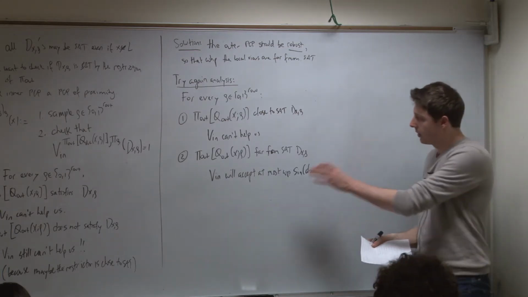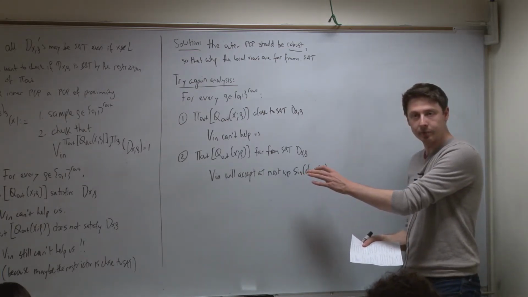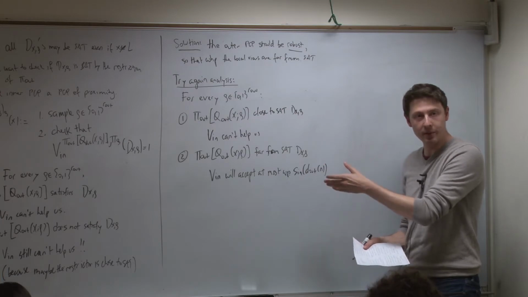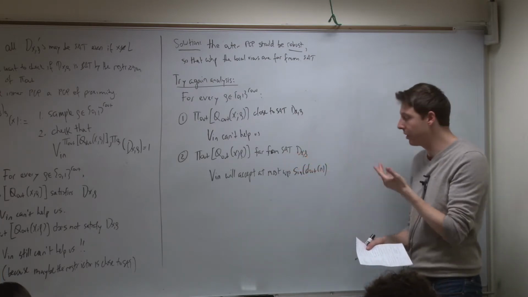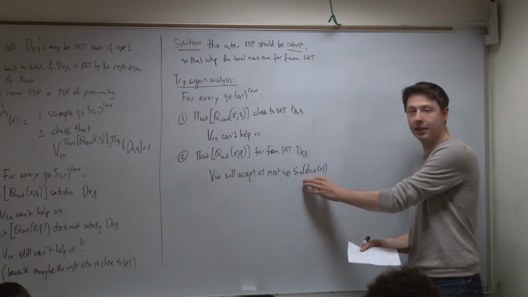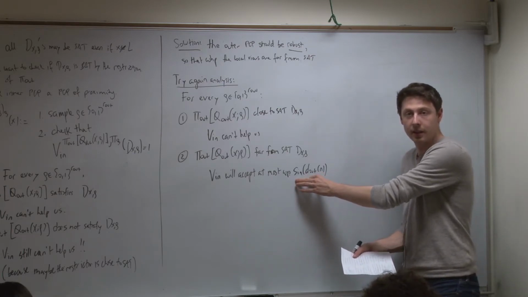So the inner PCP, because it's a PCP of proximity, and because now the local view is far from satisfying, will accept at most with the soundness probability, whatever is the probability that it rejects, okay?